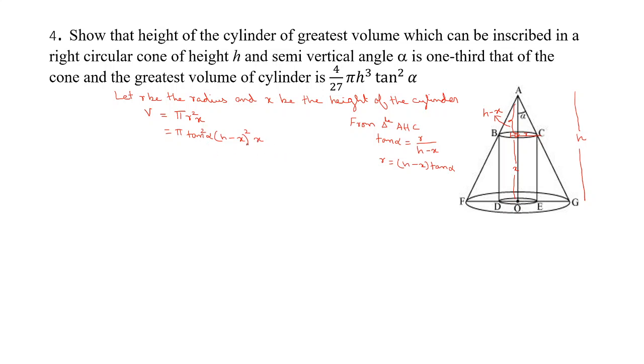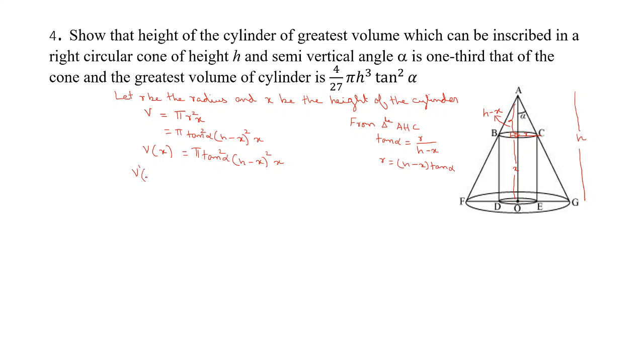Here alpha and h are given constants, so this is a function in x alone. So V of x is equal to pi tan square alpha h minus x whole square into x. Now we can differentiate with respect to x.